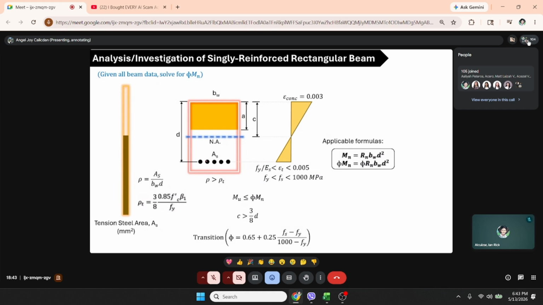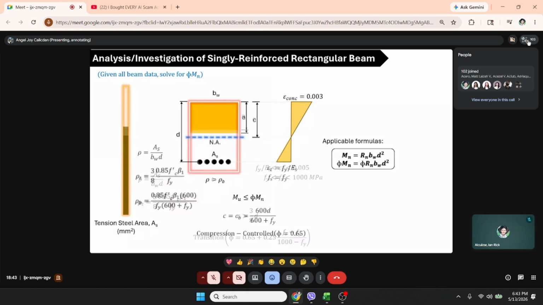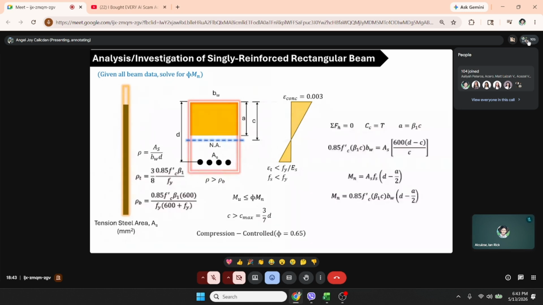And here, to increase the tension steel area further, the bar diameter is enlarged. Until it reaches the point where it is equal to rho balance. So this case is now compression controlled. And this one is even greater than rho balance. Still, it is in the compression controlled zone.